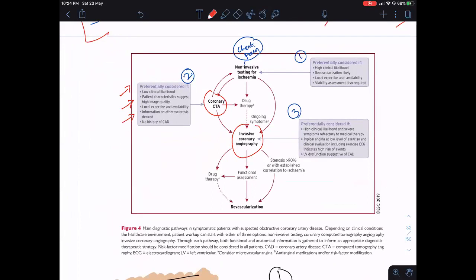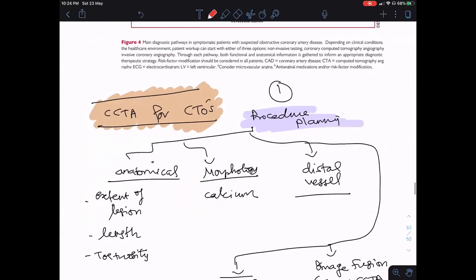If there is information on atherosclerosis, as I mentioned, the prognostication of the plaques, and if the patients have had no prior history of CAD, because all the previous trials actually excluded this subgroup, coronary CTA is probably recommended. But if any of these is not present, then we probably have to go ahead and do an invasive coronary angiogram. So this was about ACS and stable ischemic heart disease in coronary angiogram.